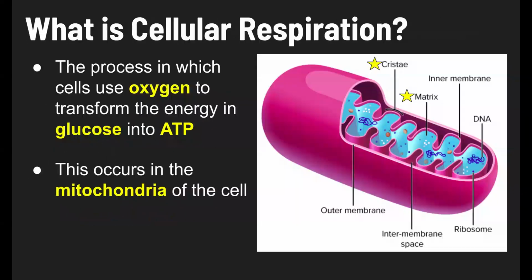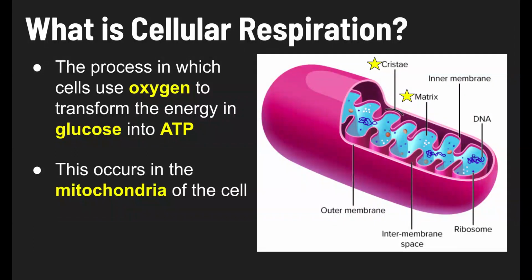And briefly, I'll mention that the glucose that you're trying to transform into ATP comes from the food that you eat. So when you breathe, you take in oxygen, and when you eat, you take in glucose, and you're going to use that oxygen to transform the glucose into ATP. That process is called cellular respiration.